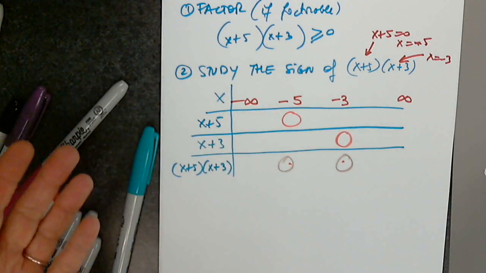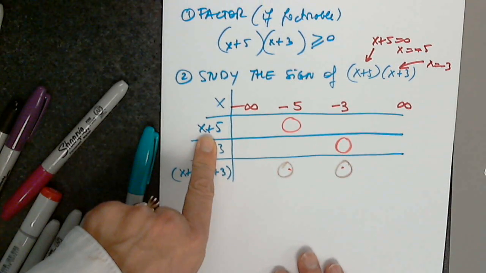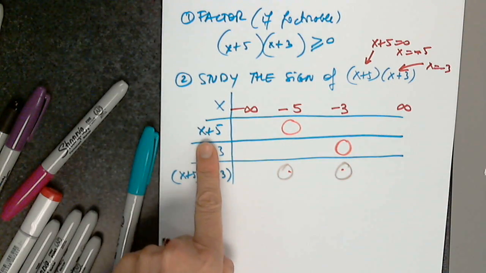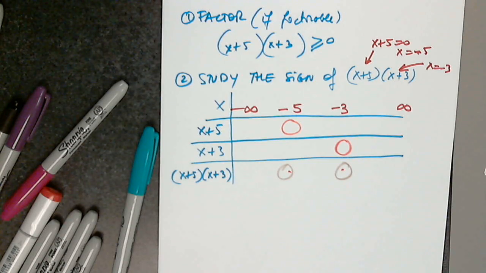Now I'm trying to study the sign of x plus 5. There are two ways of studying or trying to find the sign. Can you imagine how I would graph this? It's a line, right? I either graph it like this, or I graph it like this. If I graph it like this, it comes from negative and goes to positive. If I graph it like this, then it comes from positive and goes to negative.